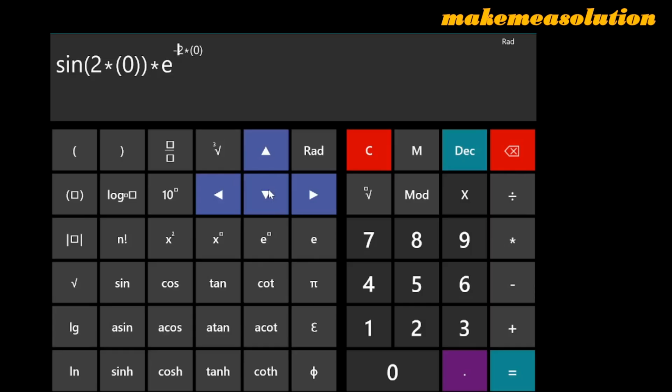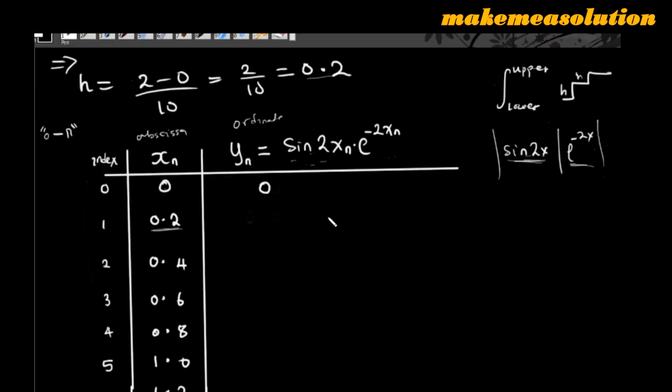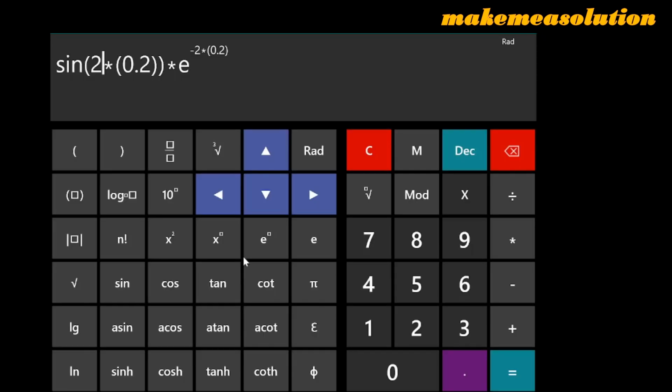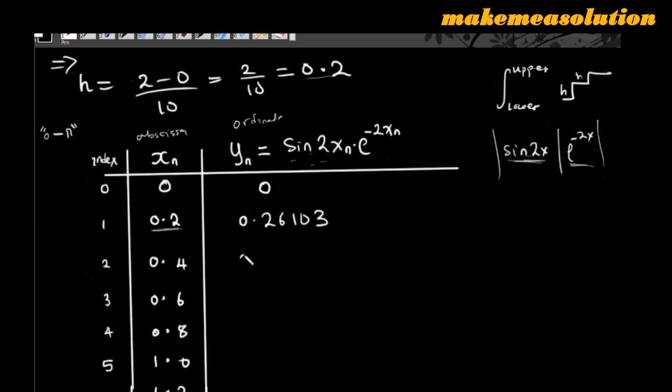So we'll just keep solving. Here is 0.2, we get 0.26103. I'm working with 5 decimal places. Then if I solve again for 0.4, we'll get 0.32233.